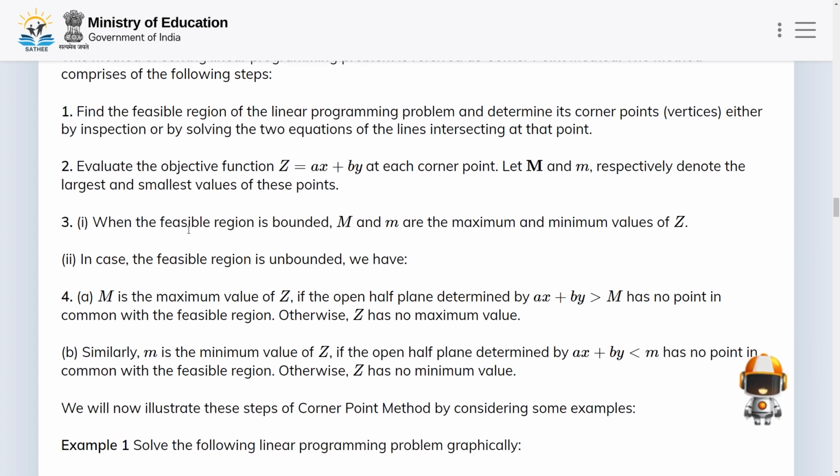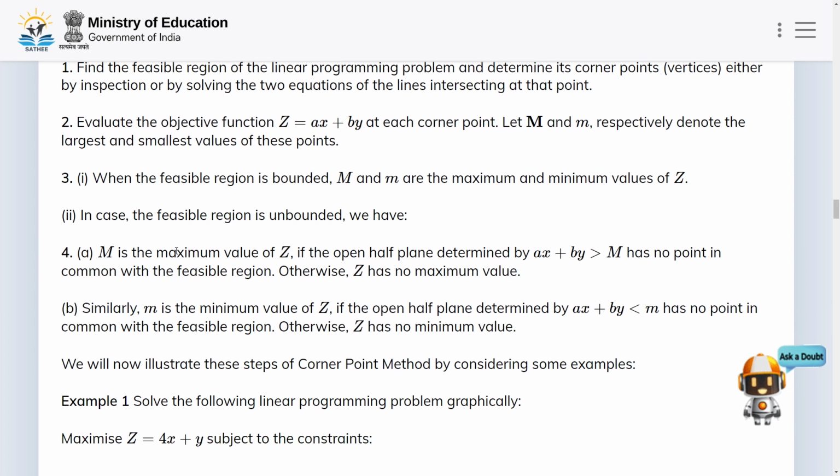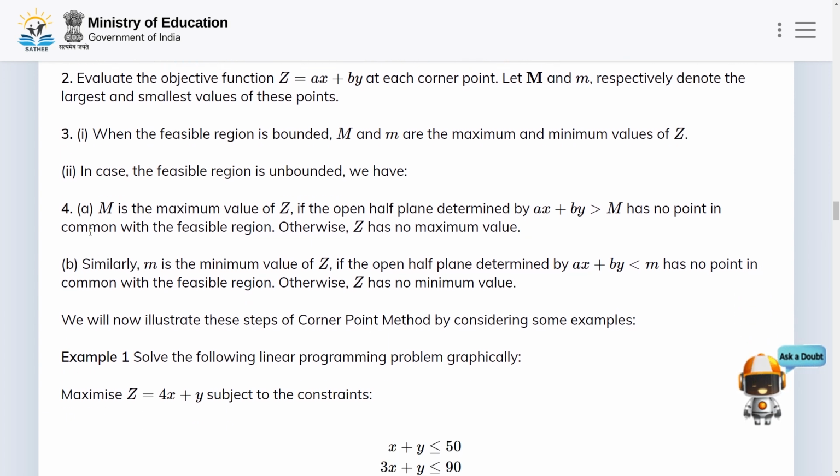When the feasible region is bounded, M and m are the maximum and minimum values of Z. In case the feasible region is unbounded, we have the following. Now fourth, M is the maximum value of Z if the open half plane determined by ax plus by greater than M has no point in common with the feasible region, otherwise Z has no maximum value.